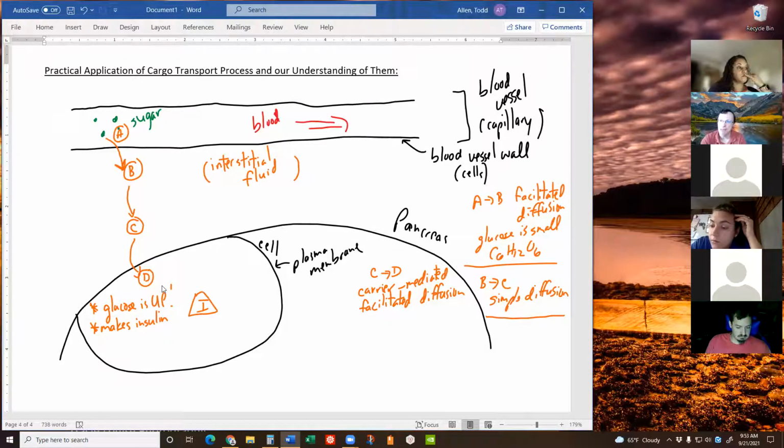The insulin is made by the cell, and the insulin has to go from location E to location F. So please tell me now in the chat window what the transport process would be to go from E to F for a large molecule like insulin. What would the transport process be?